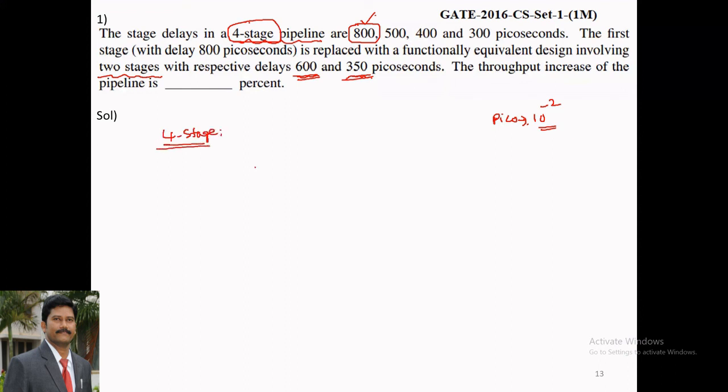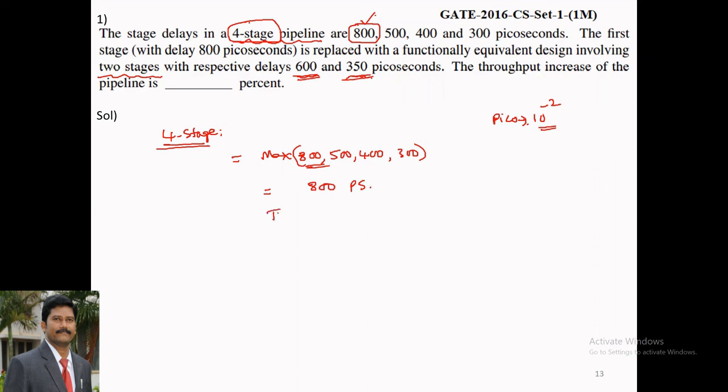The time taken to execute one instruction equals the maximum of 800, 500, 400 and 300. What is the maximum here? 800, right? So 800 picoseconds.